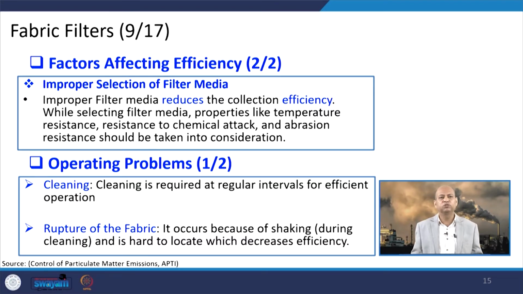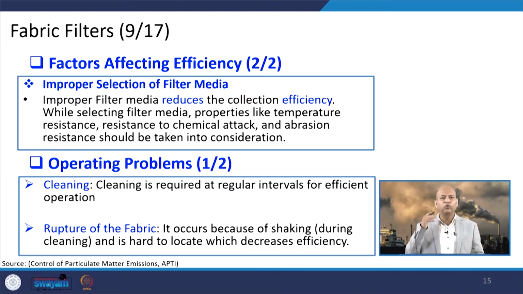That has to be taken into account. Then resistance to chemical attacks, because some gases may be of acidic nature like SO2. If the dew point is achieved, then sulfuric acid formation may occur because of moisture, and this can attack the filter media if it is not resistant to chemical attacks. Then abrasion resistance and all these kinds of things should be taken into consideration.